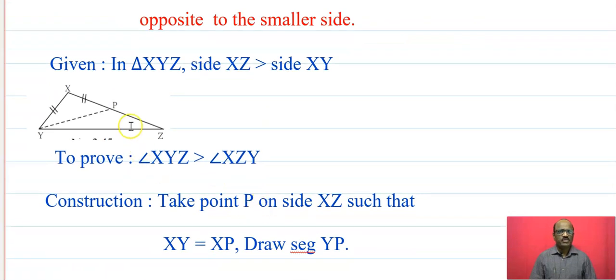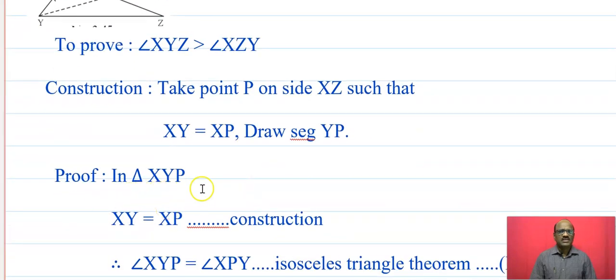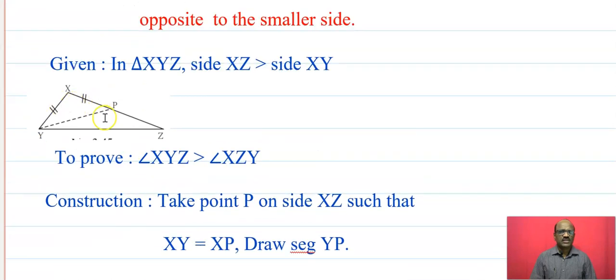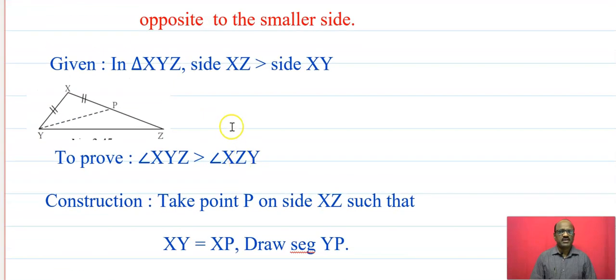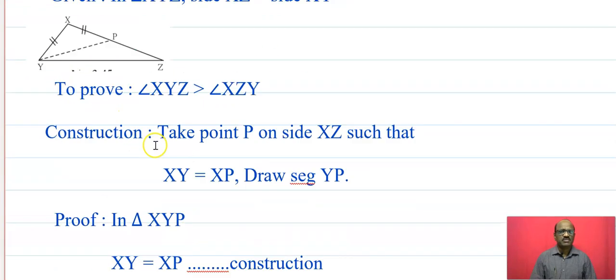Take the point P on XZ such that XY is equal to XP. Draw the segment YP. Now consider triangle XYP. These two sides are congruent, and so measure of angle XYP is equal to measure of angle XPY.